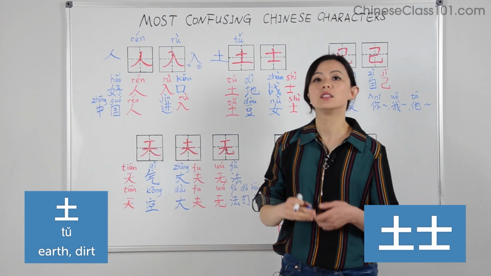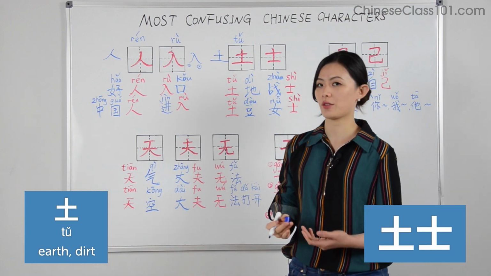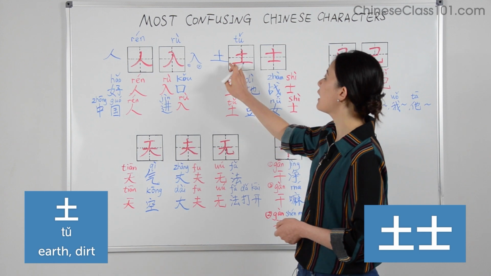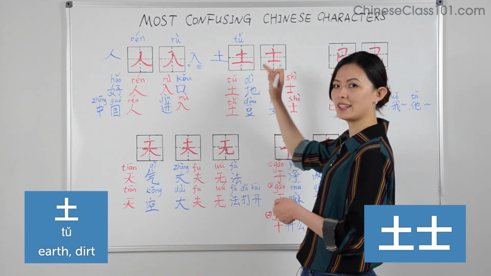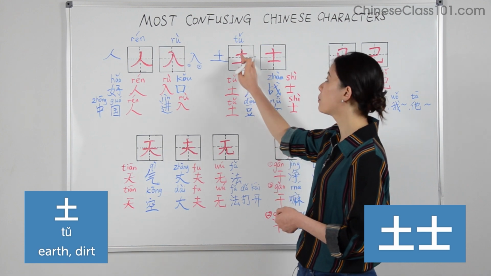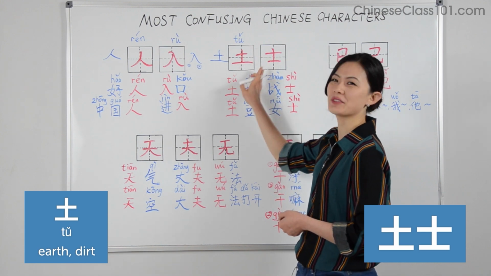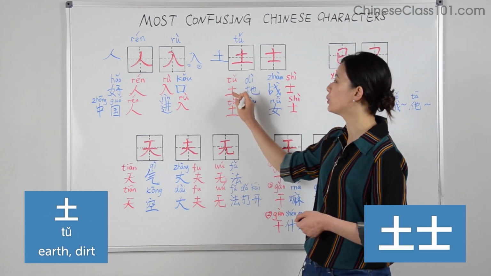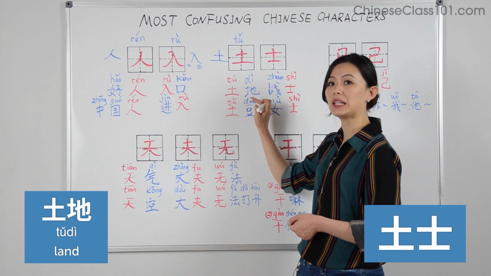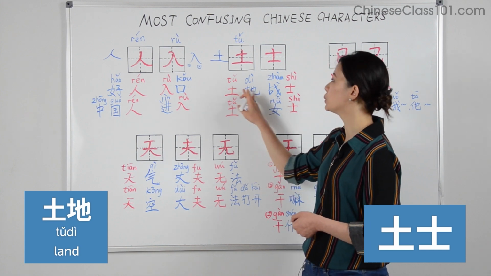It means dirt or earth. Or you can think of the bottom line, the last stroke, the bottom long horizontal line as the earth, with a little plant growing on top of it. A common word with 土 is this one, 土地, meaning land. 土地.